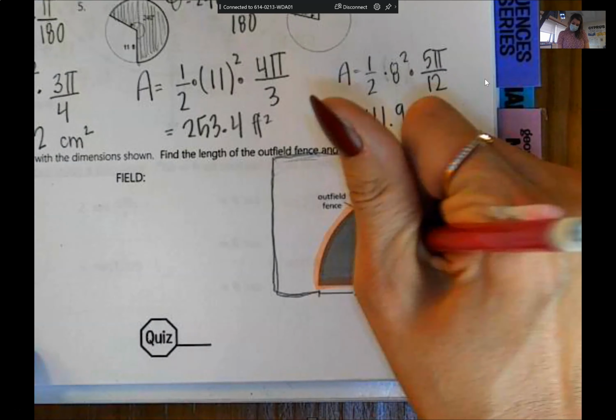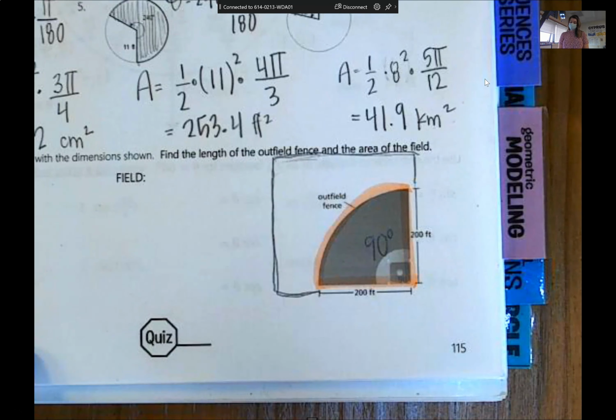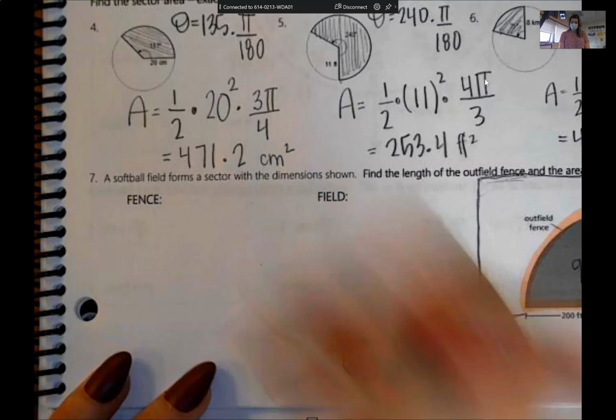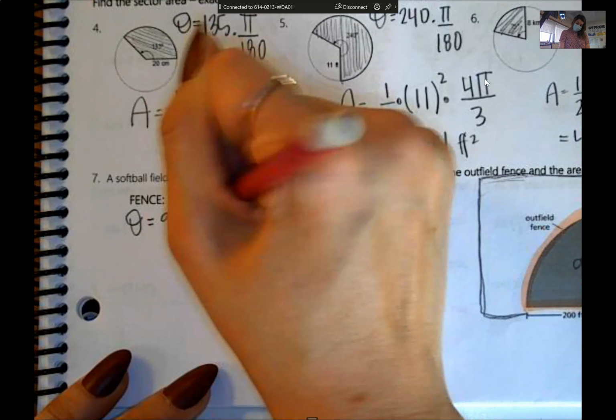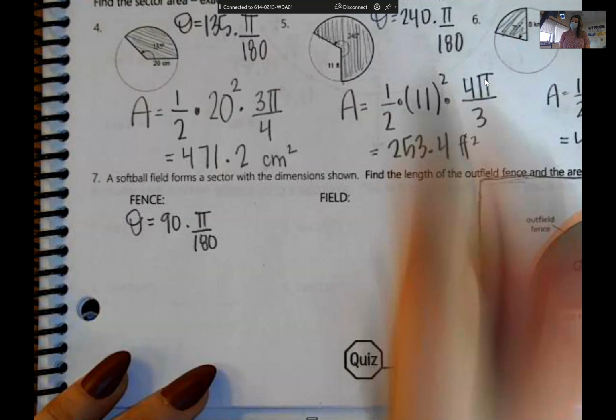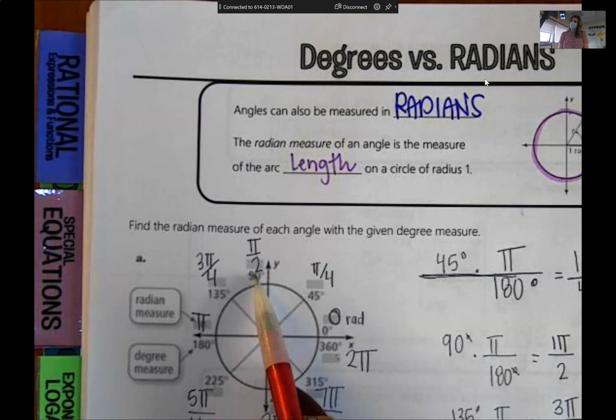Oh, it's 90 degrees. That's a 90-degree angle. So let's change 90 degrees to its radian measure. 90 degrees is the same thing as pi over 2.